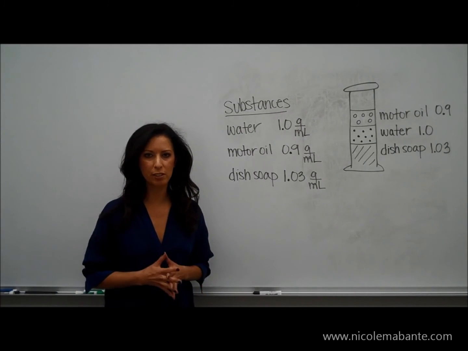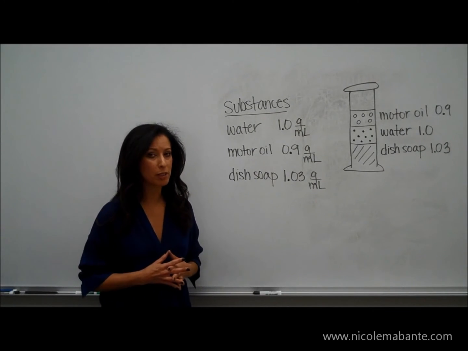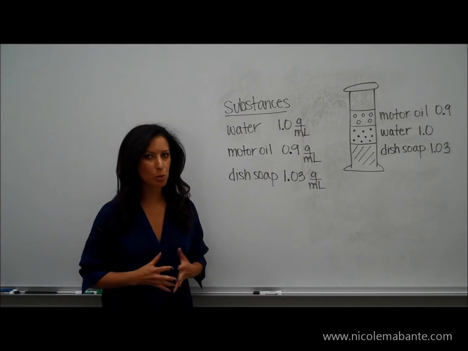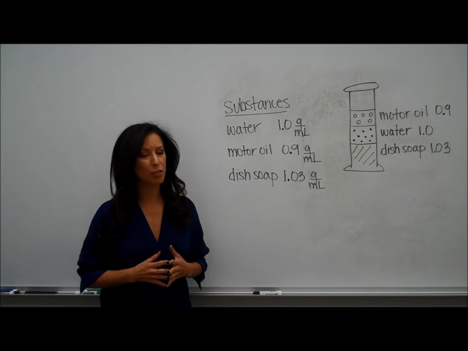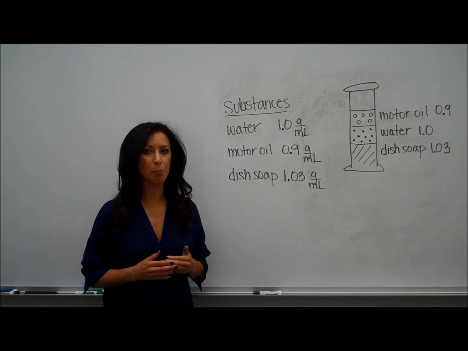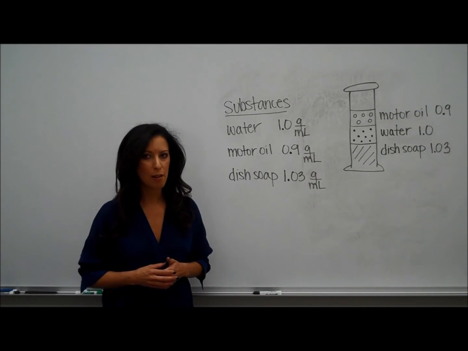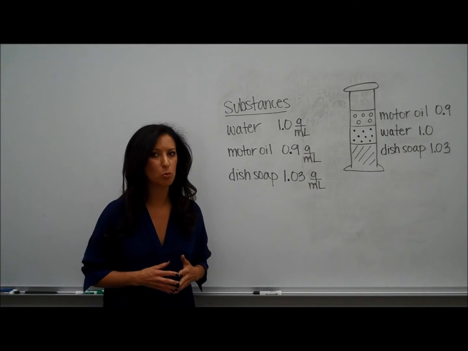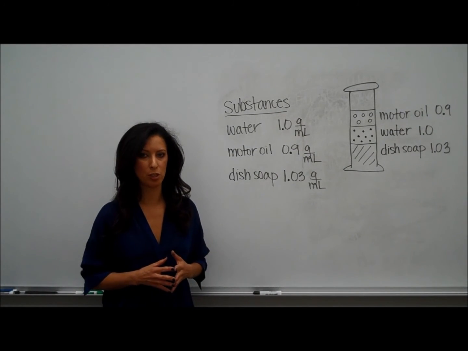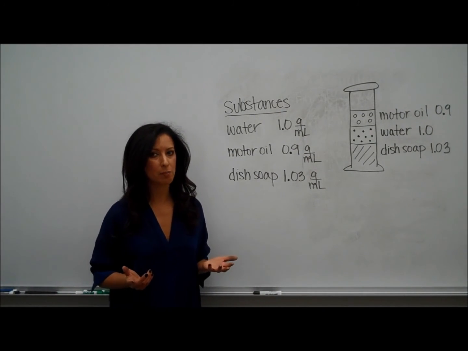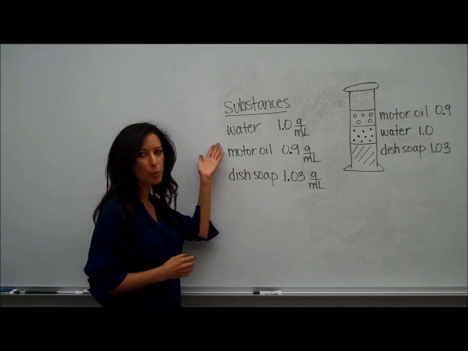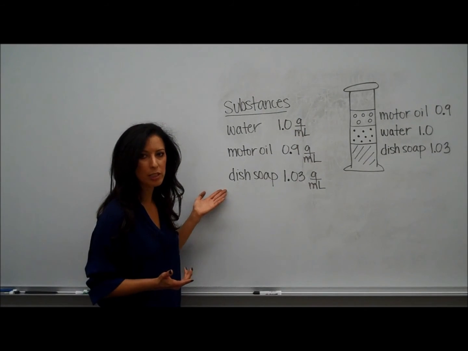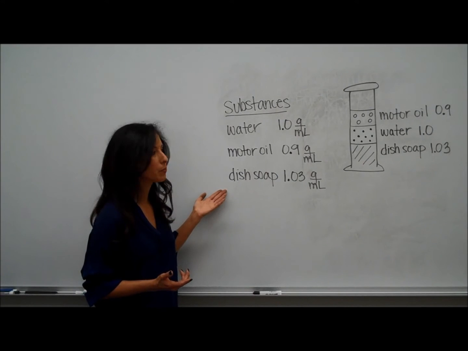Sometimes we are given a list of liquids and their corresponding densities and asked to arrange them in a graduated cylinder. The liquids with the highest densities will be at the bottom of the cylinder, and those with the lowest densities will be towards the top of the cylinder. Let's practice. Where will the following liquids fall if poured into a graduated cylinder?